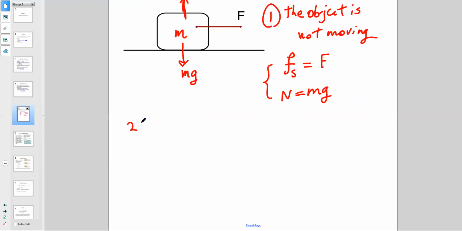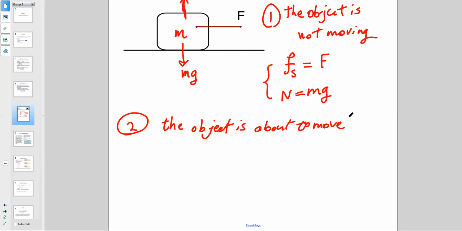You start increasing your force, and at some point, the object is about to move. In other words, if you apply just a little bit more force to this object, then it will start moving towards the force, to the right, for example, in this case.